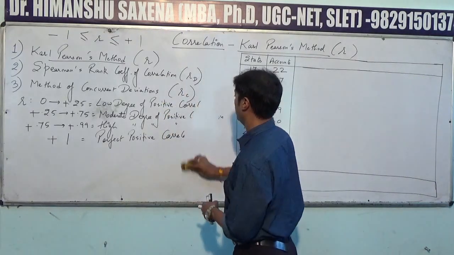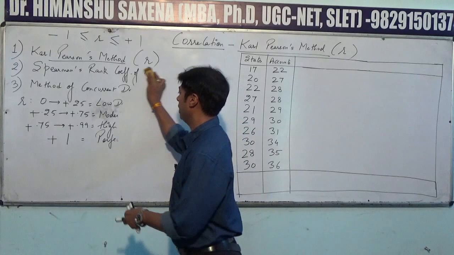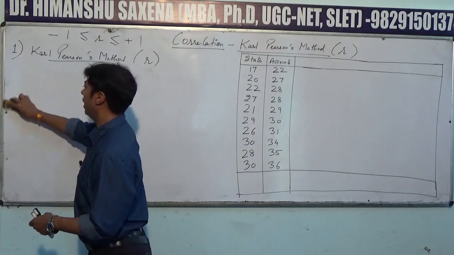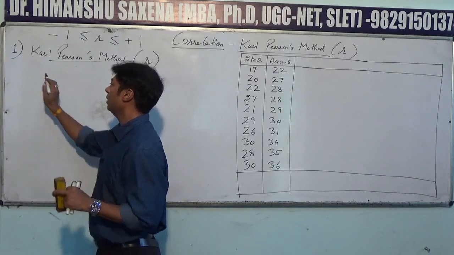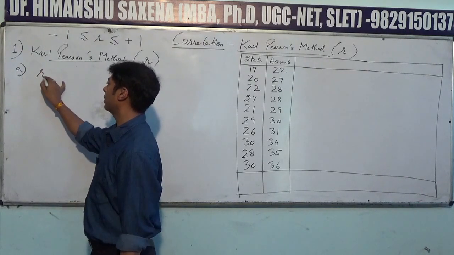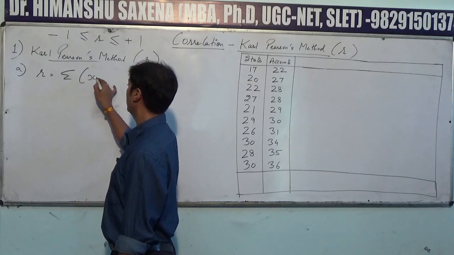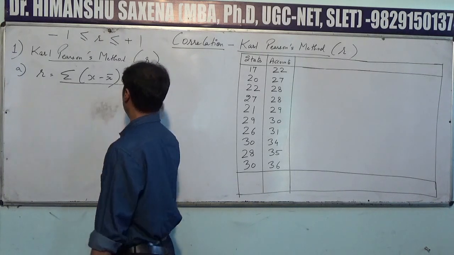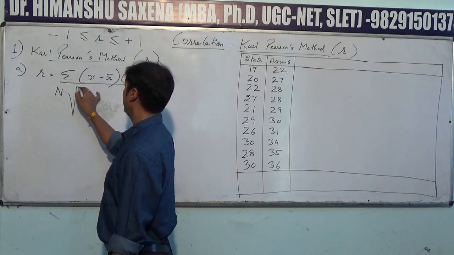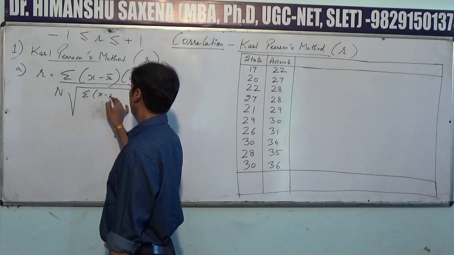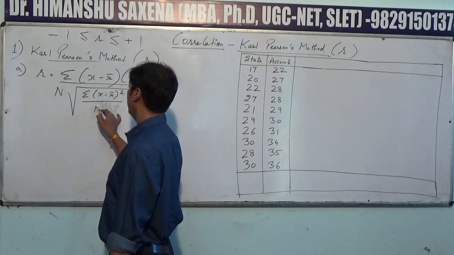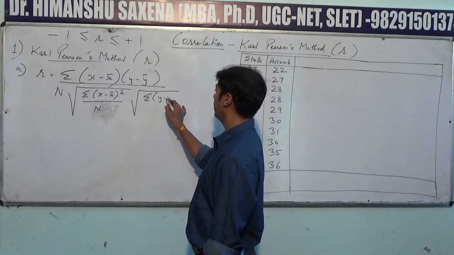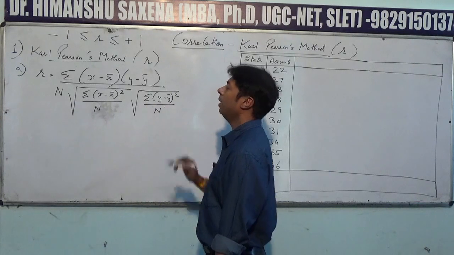And the first model, take down the formula for coefficient of correlation by applying Karl Pearson's method, that is direct method, and the formula says summation x minus x bar into y minus y bar whole divided by n summation x minus x bar whole square by n and summation y minus y bar whole square by n.